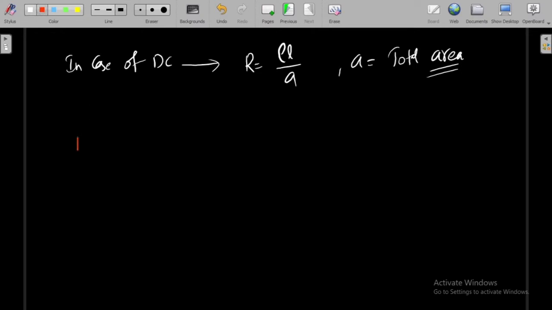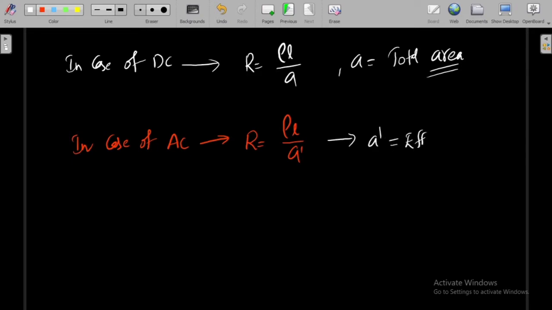Whereas in case of AC, R can be represented by taking the product of rho into L by A dash. Here A dash is nothing but the effective area, not the total area. Why?